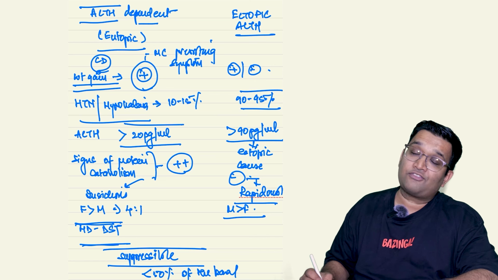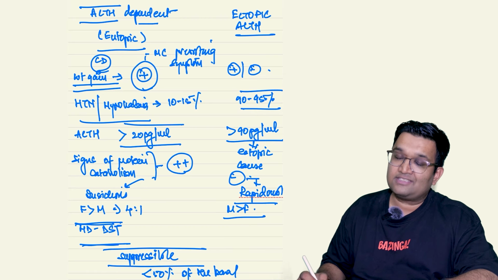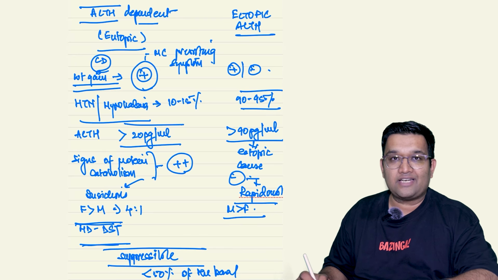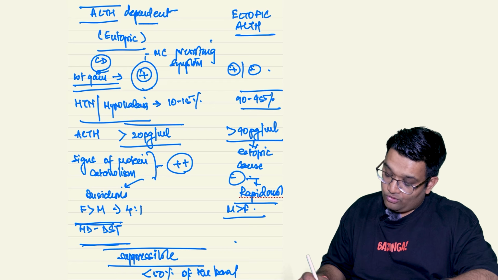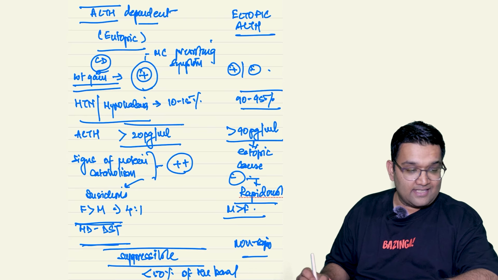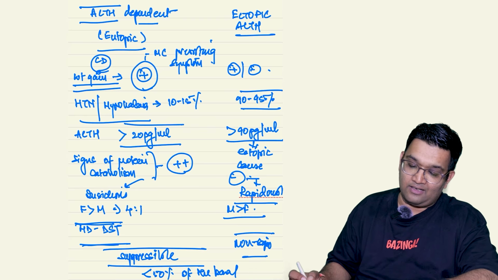While if after 48 hours the serum cortisol levels are not going to be less than 50%, that is they are not suppressed, non-suppressive. So this is the main crux of the matter.